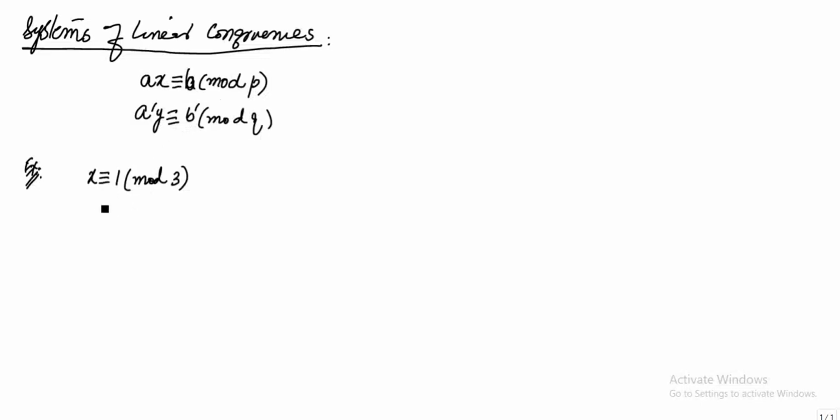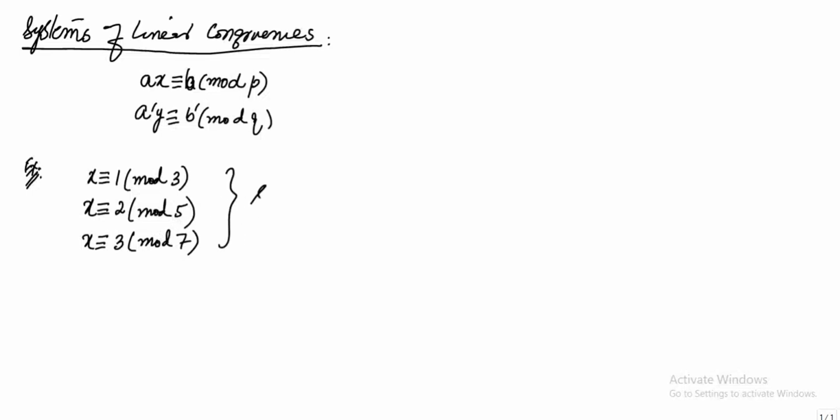So x congruent to 1 modulo 3, x congruent to 2 modulo 5, and x congruent to 3 modulo 7. Okay, so we have a system of three linear congruences.